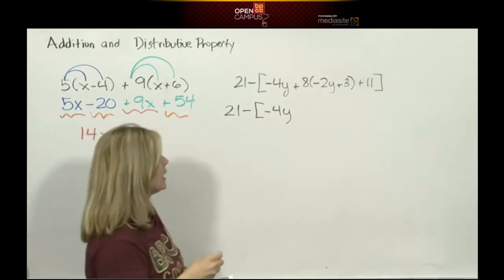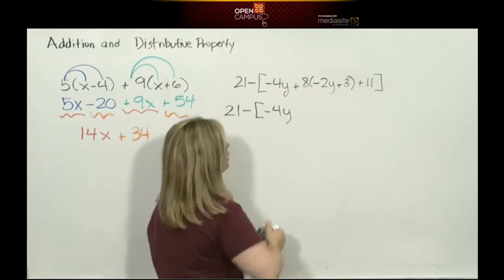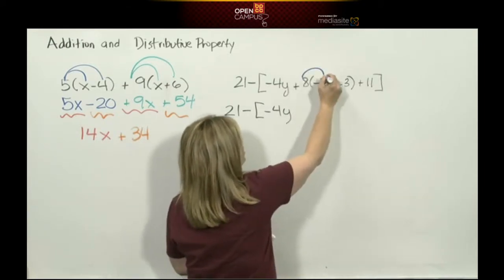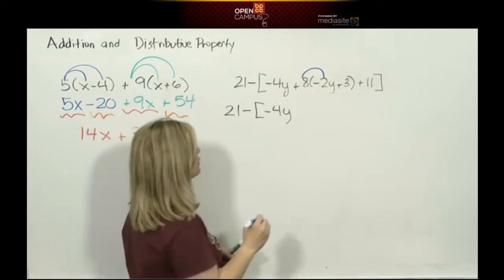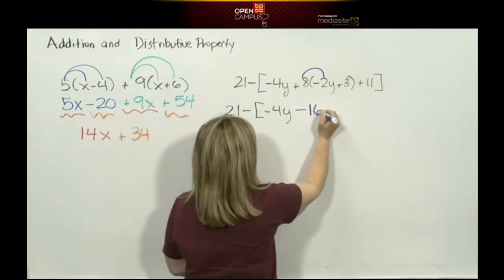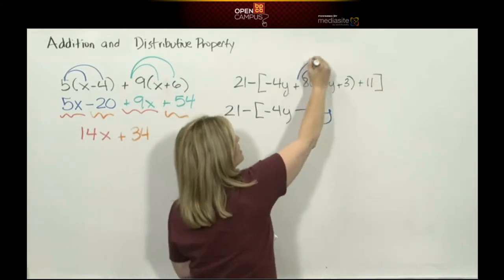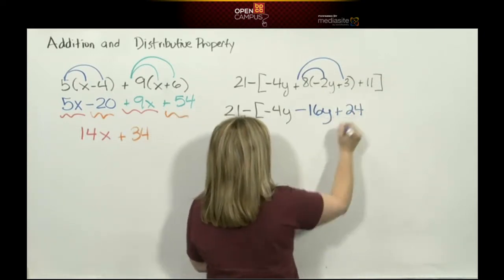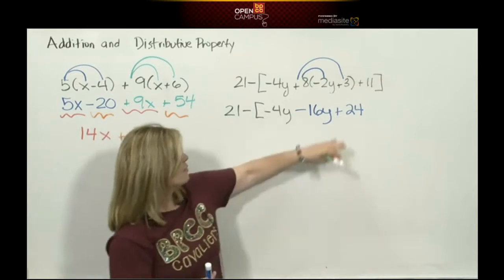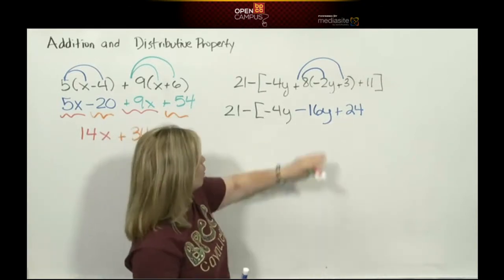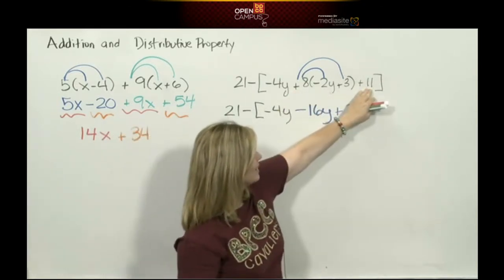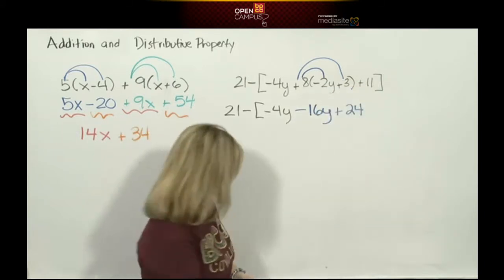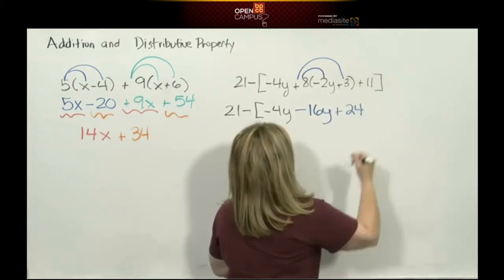That's right, distributing. What number are we distributing? We're distributing 8. So positive 8 times negative 2y is negative 16y. Positive 8 times positive 3 is positive 24. When we distribute, that gets rid of the parentheses. Now, we don't distribute anymore because that 11 is not part of the parentheses, so we just bring it down. Plus 11.